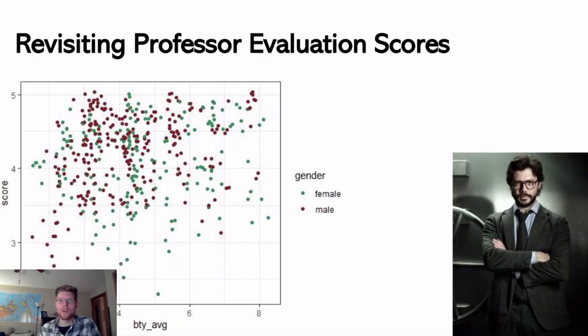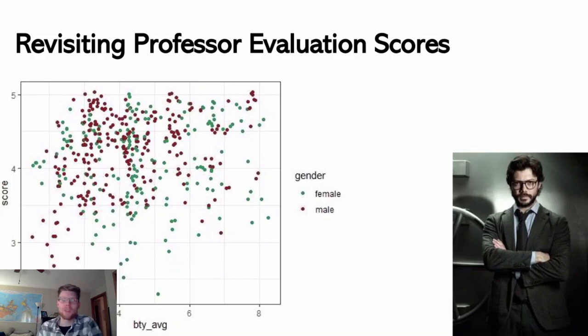Some students who didn't necessarily take their class were picked into this study to look at pictures of different professors and assign them a beauty score from 1 to 10. Then we took the average beauty score of these students, assigned it to that professor, and looked to see how well that beauty score correlated with their overall student evaluation scores.